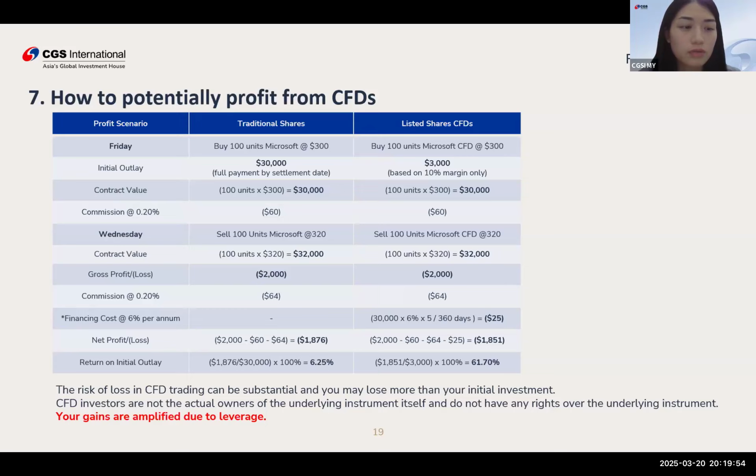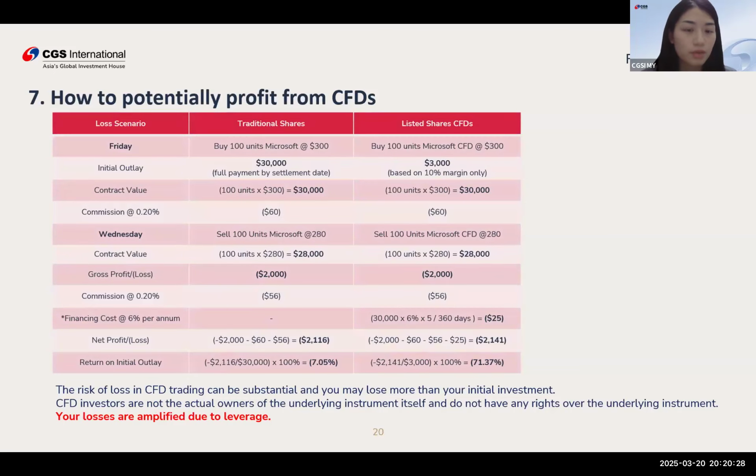However, if you look at the return, for traditional share you get 6.25%, because you come out with this $30,000. For the CFD, because you only come out with 10% margin, which is 3,000, your profit is actually 61.7%. So you can see the gain is amplified due to the leverage. This is how CFD can give you potentially big gains and enhance your portfolio.